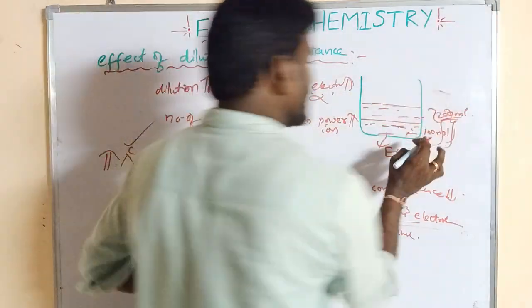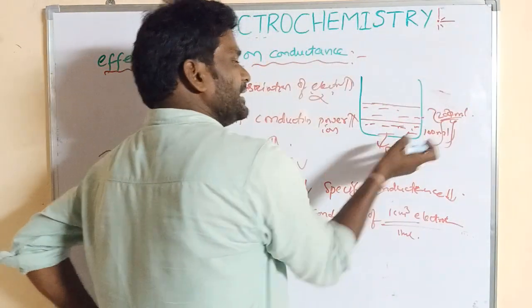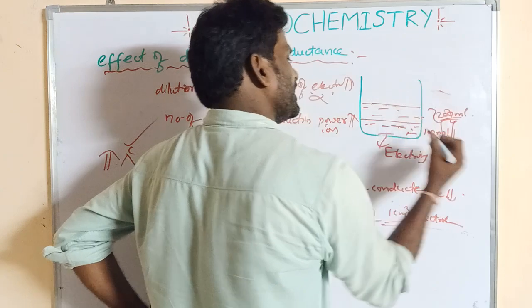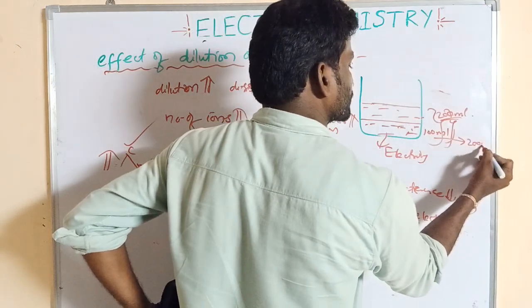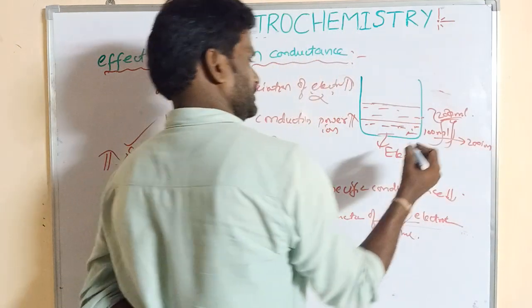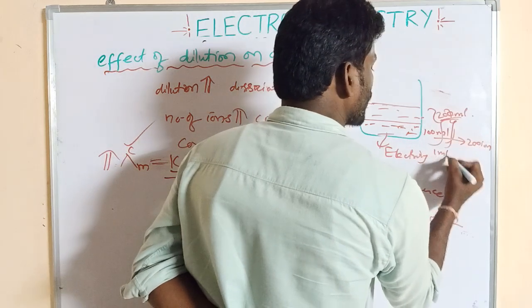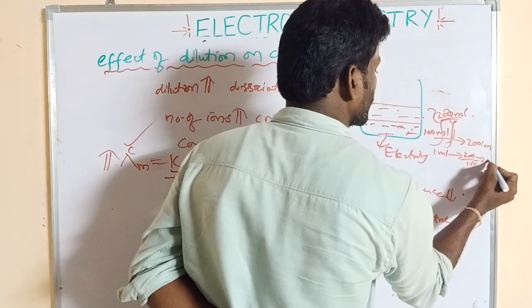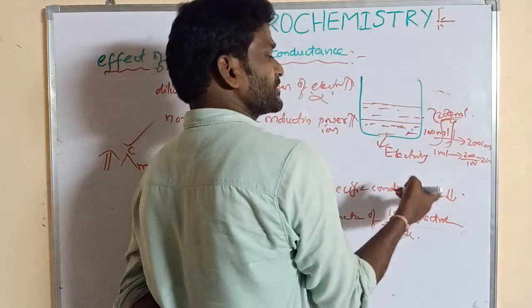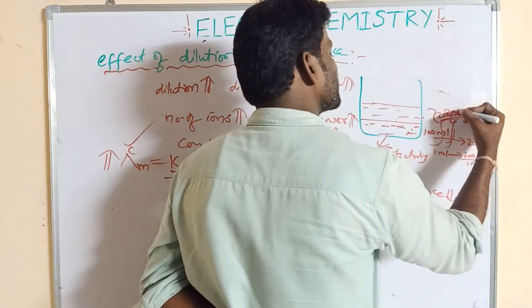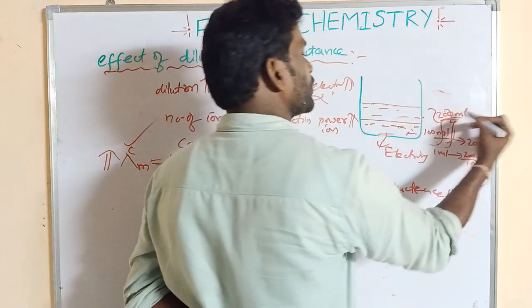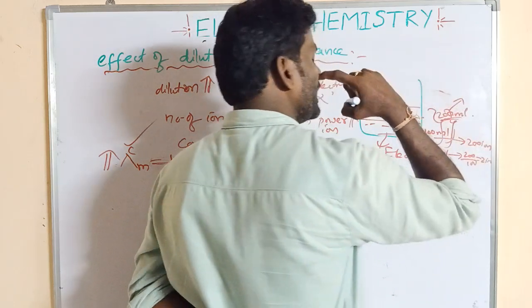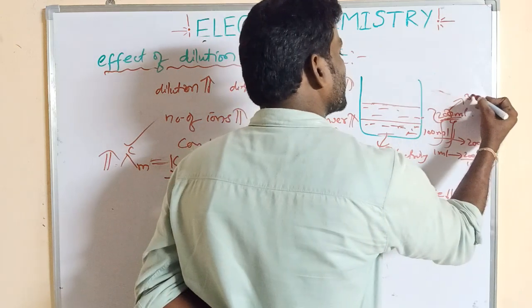Suppose initially the volume of electrolyte is 100 ml, and it contains 200 ions. So 1 ml is equal to how many ions? 200 by 100, that is 2 ions. When it is diluted, its volume increases to about 200 ml. The 200 ml electrolyte contains 300 ions.